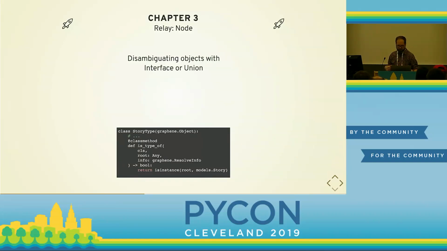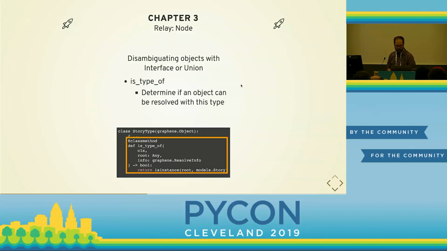When we have an interface that we're resolving, we need to know which type this particular object is. If a node can be either a story or an author or a passage or any number of things, we need to know which of those things it is so we can pull off the fields from that. We can apply our GraphQL schema to it. So in Graphene, we write this function, isTypeOf.